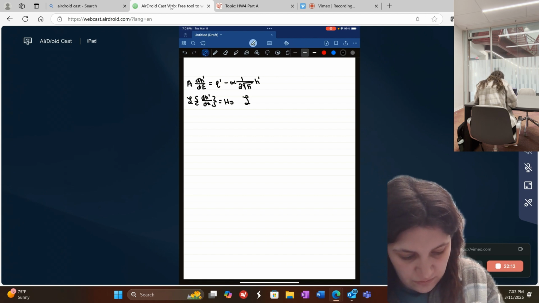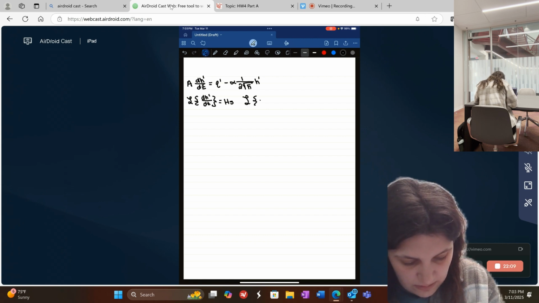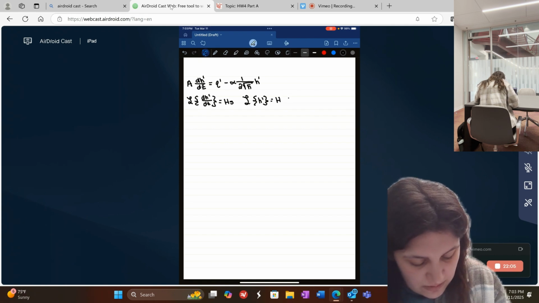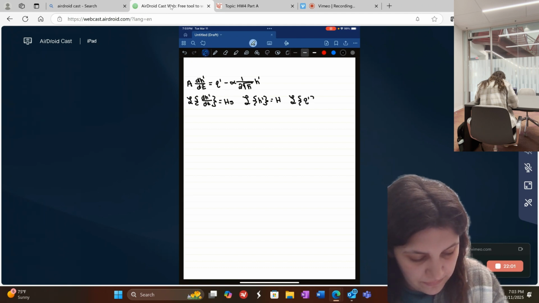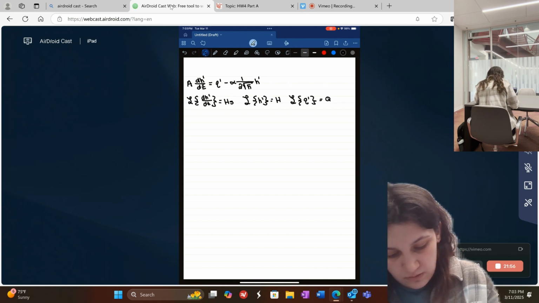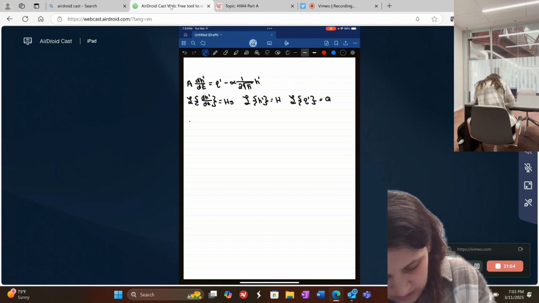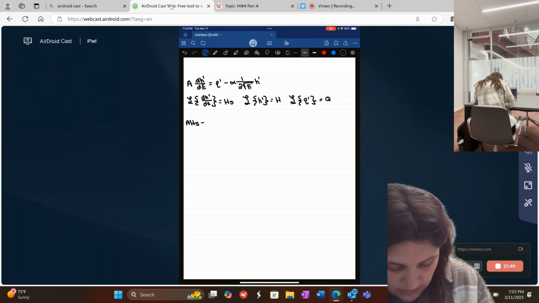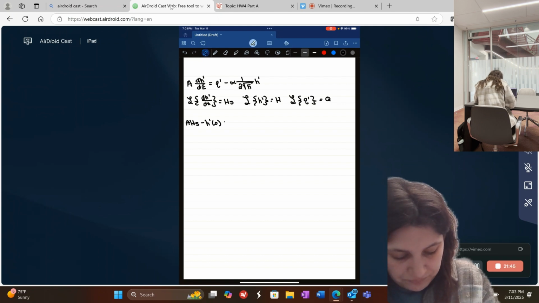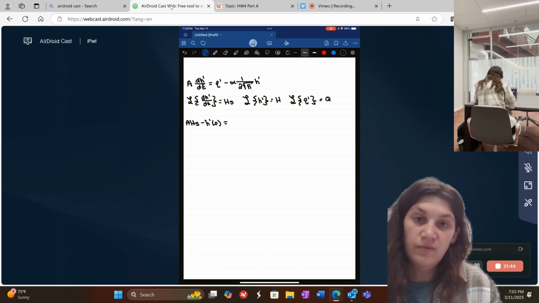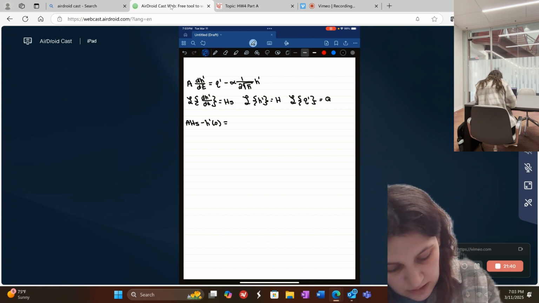The Laplace transform of h prime is big H, and the Laplace transform of q prime is equal to big Q. Now we're just going to substitute these in. So here we have A times H s minus our h prime evaluated at the initial state.